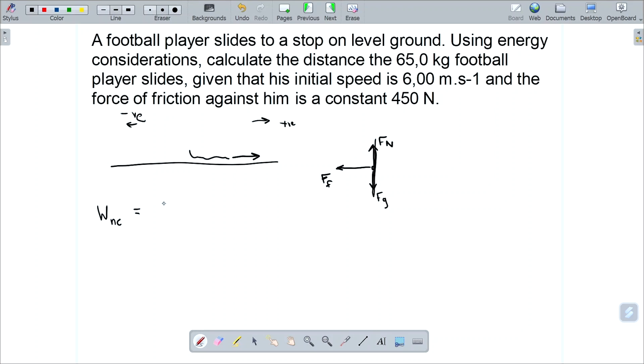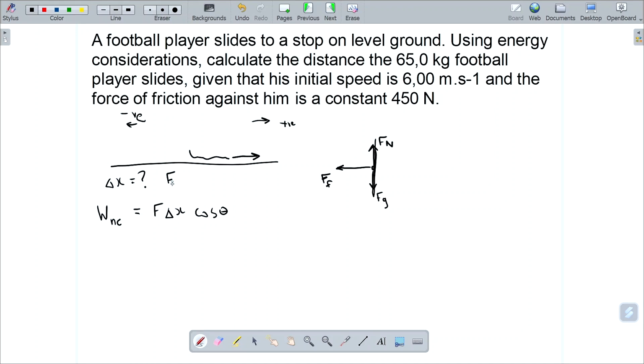And we know that the work is the force multiplied by the distance multiplied by the cos of the angle between the force and the distance. If we have this information here, we can say that we want to find the distance. That's the unknown in this example. So we don't know what that distance is, right?